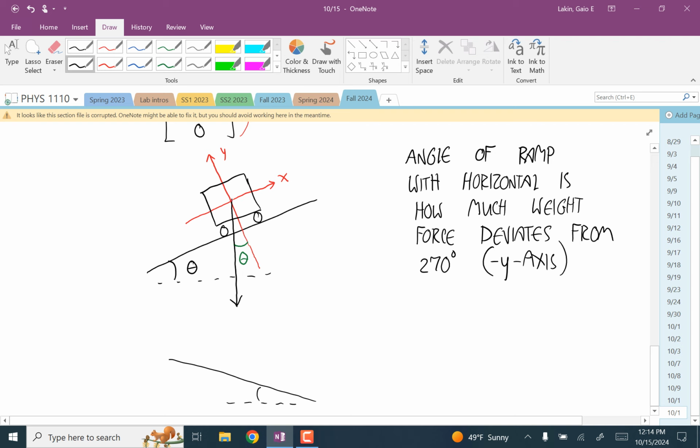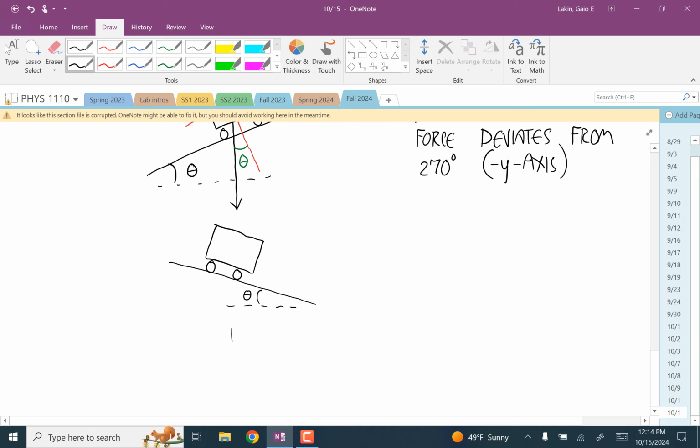And so whichever way this ramp goes, I'll draw the other possibility too. So let's say this time this is the angle theta. And this is the weight force. The coordinate system is this. And so this angle is theta.